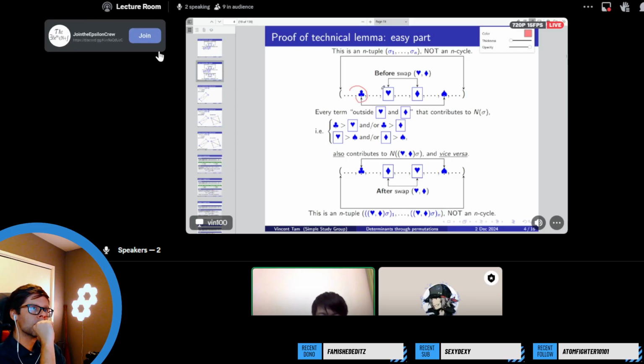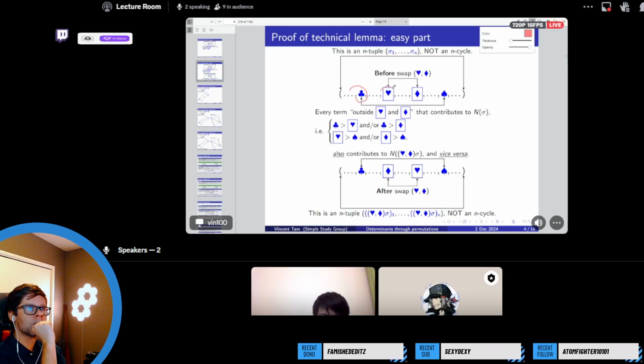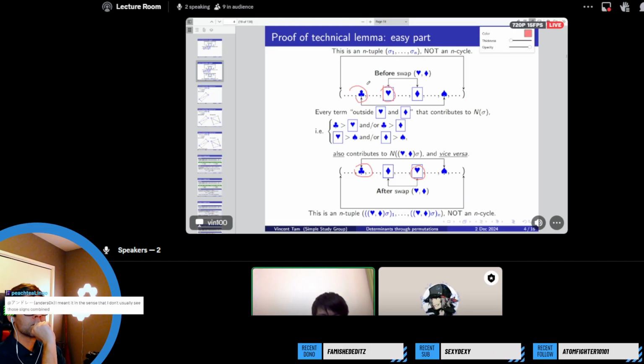Say, for example, if I am looking into these two, and after the swap they become these two. So say, for example, if this blue club is bigger than this blue heart, then after the swap, this big blue club will also be bigger than this blue heart.